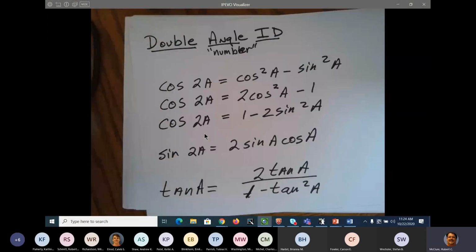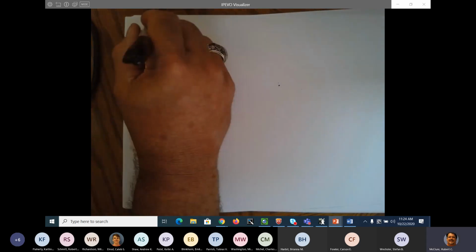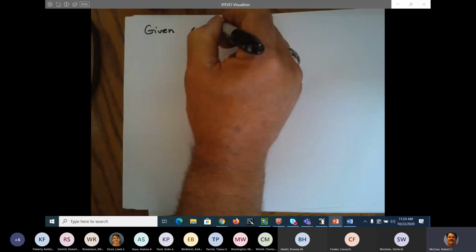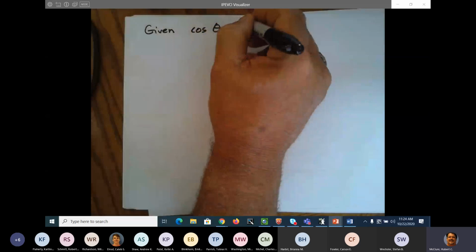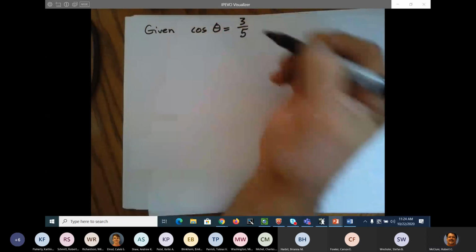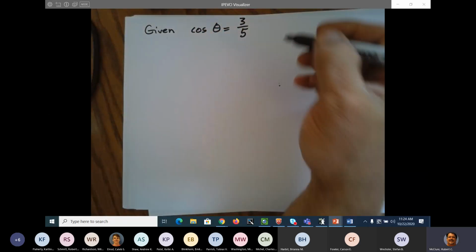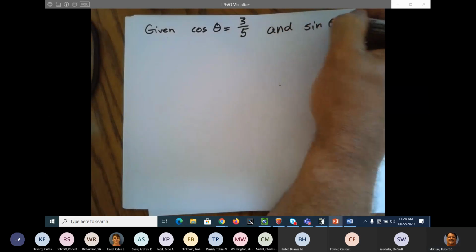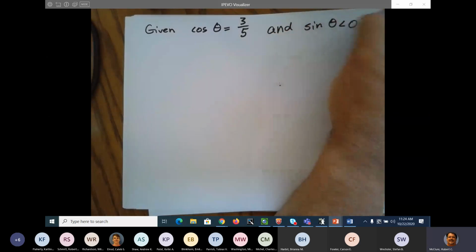All right, so let's talk about how to use them. Let's say I make up a given that the cosine of theta is equal to 3/5, and the sine is negative.